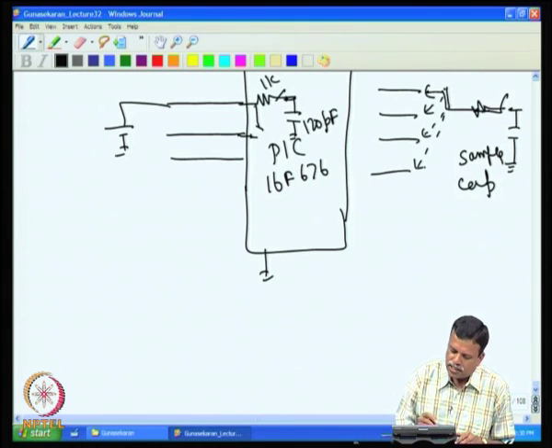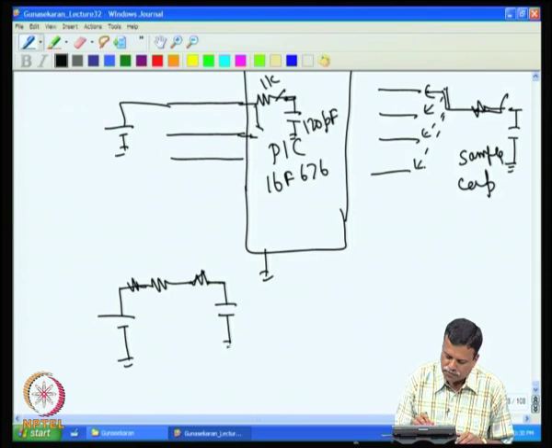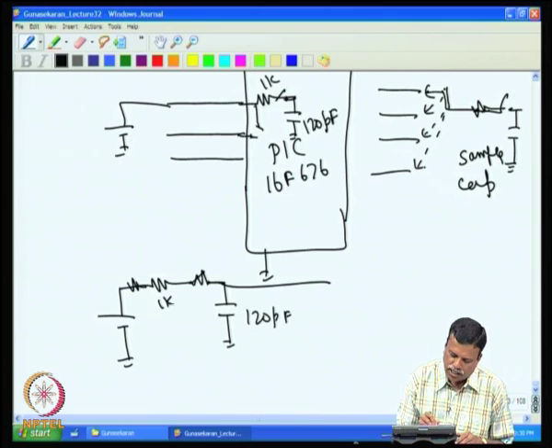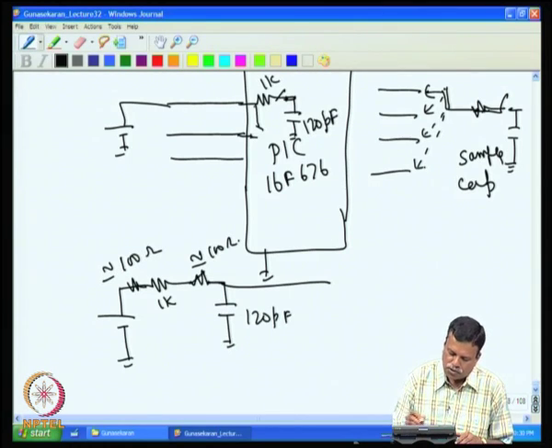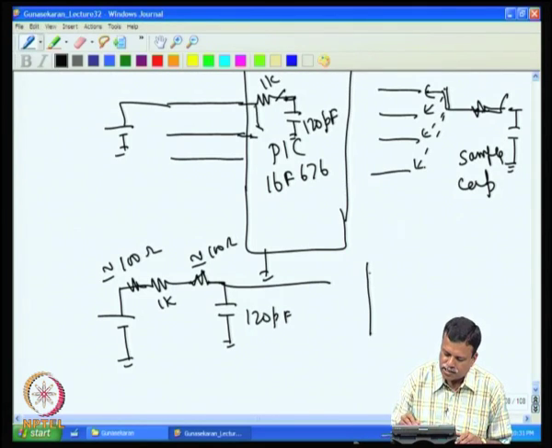So the equivalent circuit of the PIC microcontroller A to D has the 1K resistance, then the switch with its on resistance, another switch with its on resistance, and about 120 pF capacitor. The 1K is inbuilt, and the switches are a few hundred ohms each. So about 1K resistance is in series to charge this. Then the successive approximation ADC is given as the ADC input.